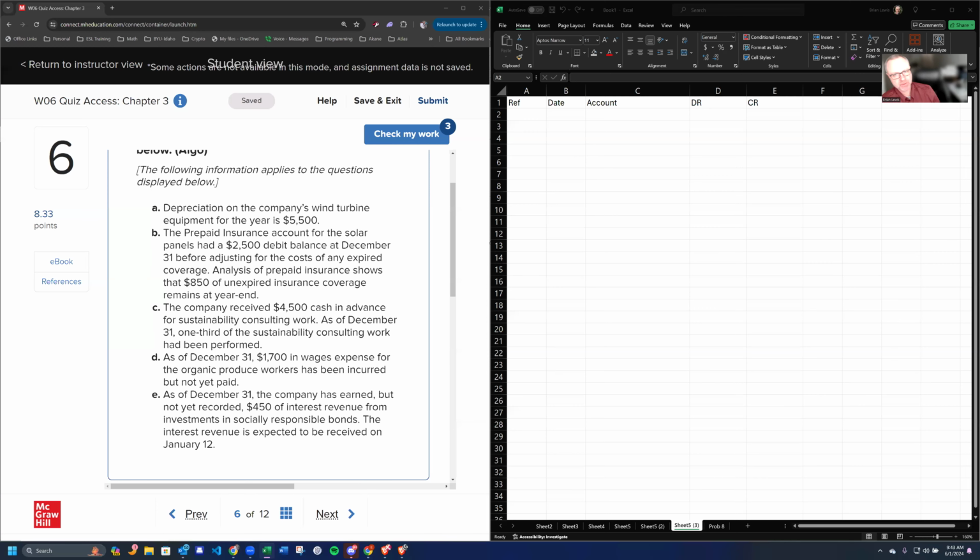Okay, so if you haven't noticed so far, most of the questions on quiz access for chapter 3 are a repetition of a variety of different scenarios, very much the same as the others, but it gets you in the practice of doing these journal entries, because a significant part of accounting is journaling transactions or understanding how transactions flow through a software program, how they increase or decrease balances.